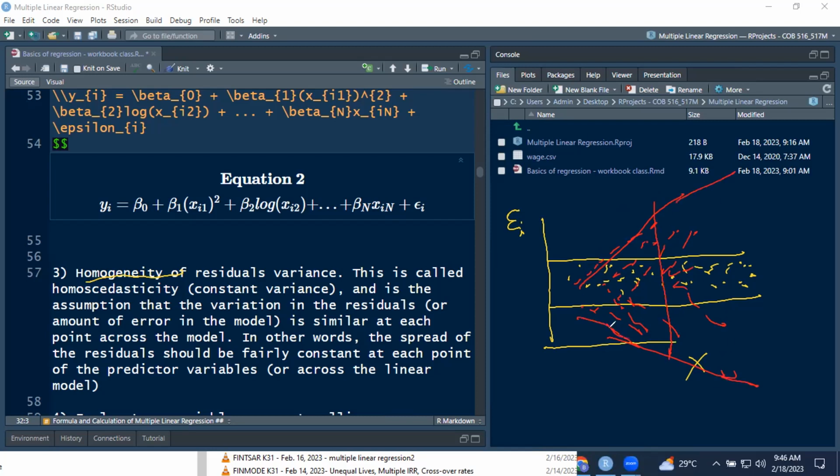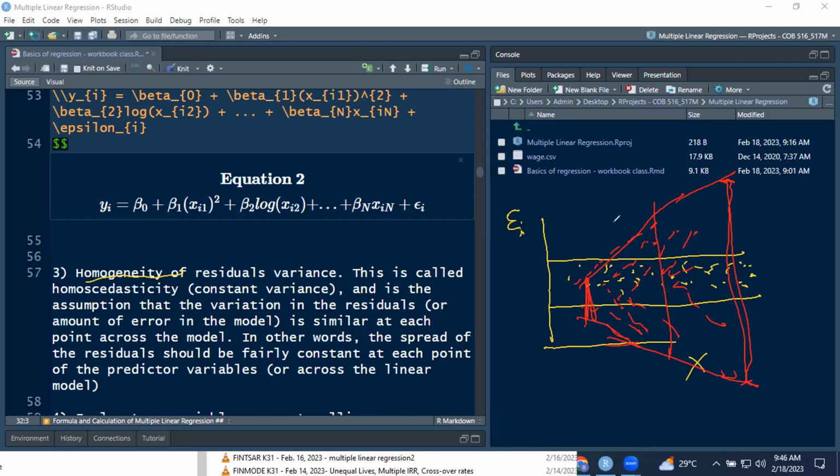Pagdating dito sa simula, lower values of x, ang variation niya ganito lang, no? But as we increase x, the variation now in your residuals is like this already, diba? So this is what we call a fanning out. Parang fan, F-A-N, no? Parang abanico, no?